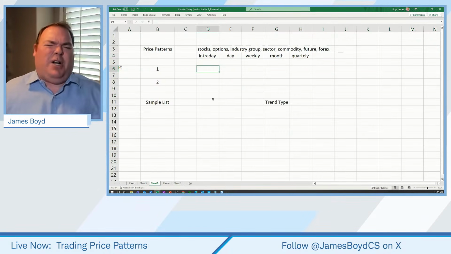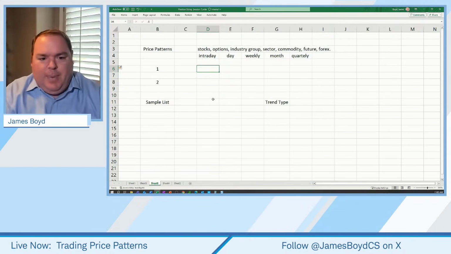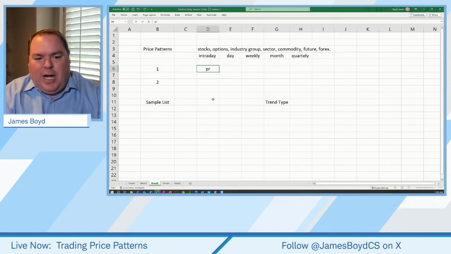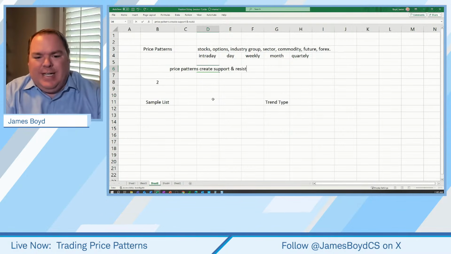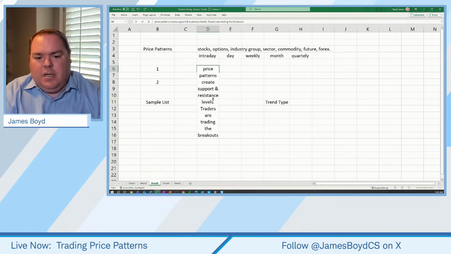Now, we kind of said, what are the two main purposes of these price patterns? I think the biggest thing is that price patterns create support and resistance levels, and traders are trading the breakouts, or down.